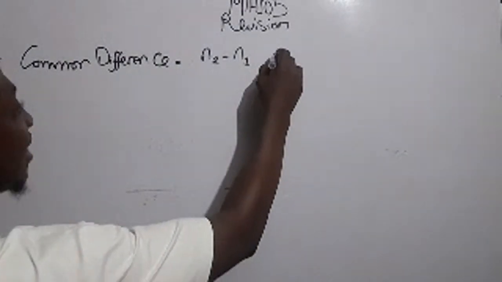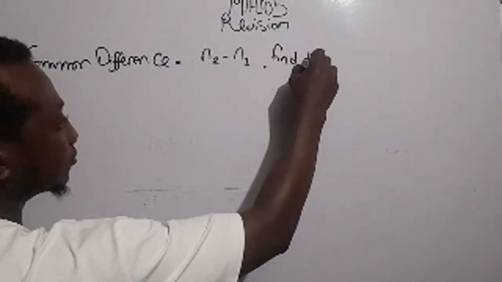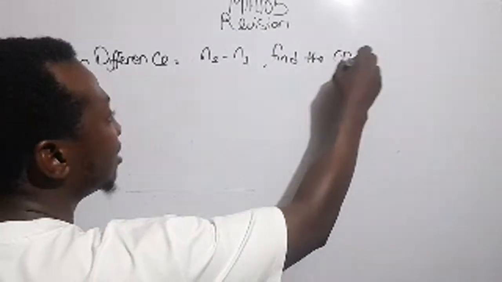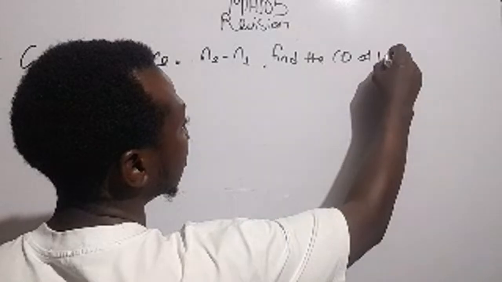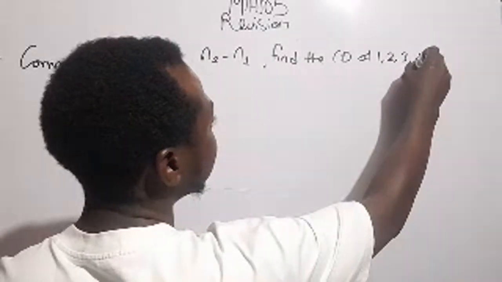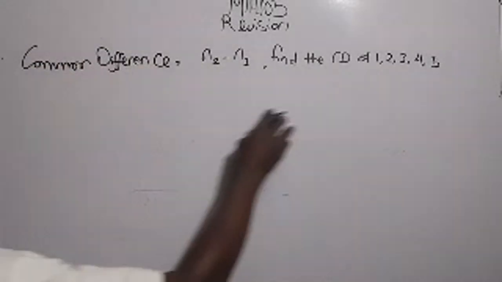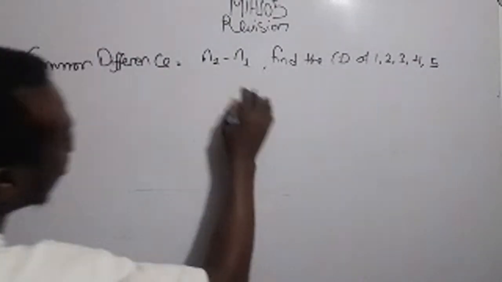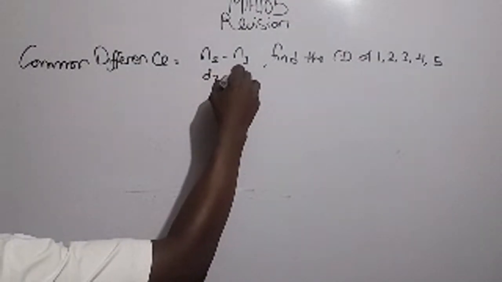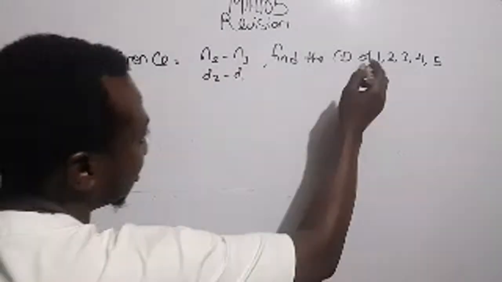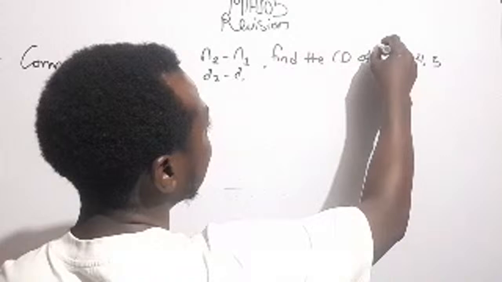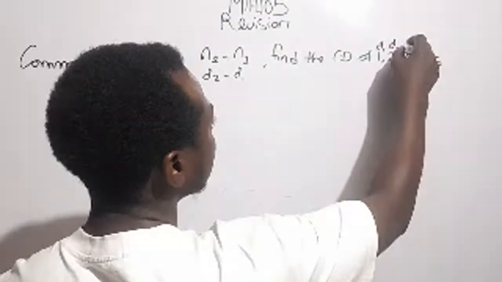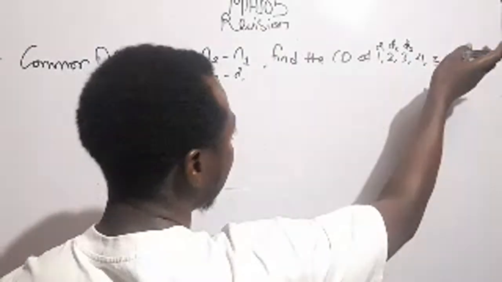Let's say find the common difference of 1, 2, 3, 4, 5. I used n1, but it could be A2 minus A1, where the terms are A1, A2, A3, and so on.